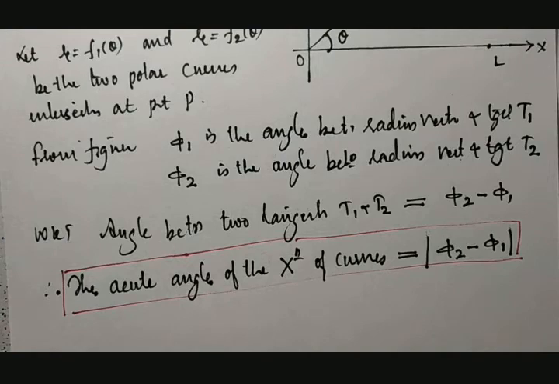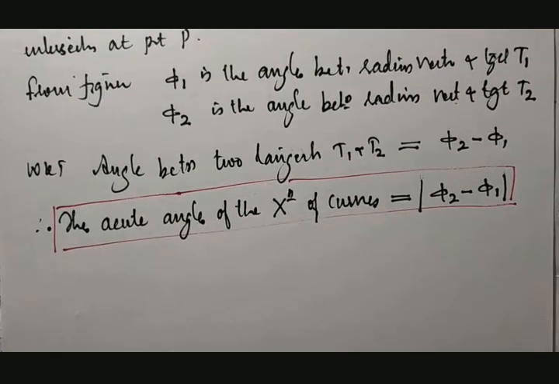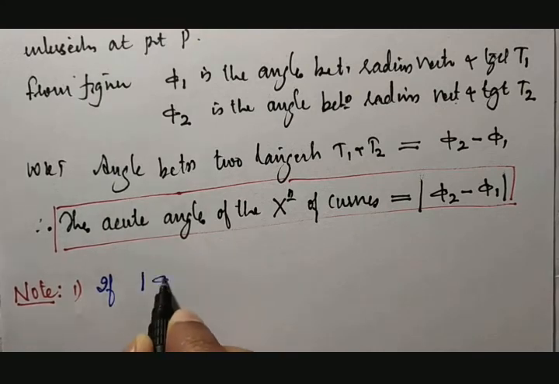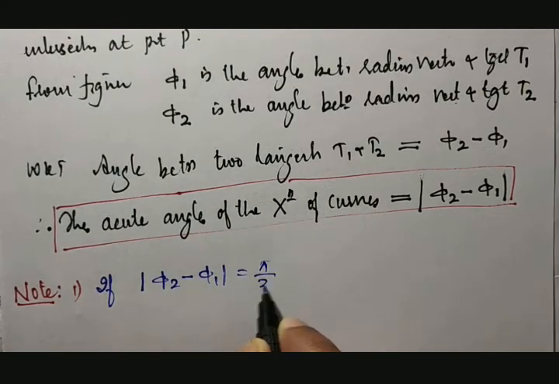Here I'll be taking a note. Few points under note will be considered. What does the note say? The first one: if this mod pi 2 minus pi 1 is equal to pi by 2, then what happens?